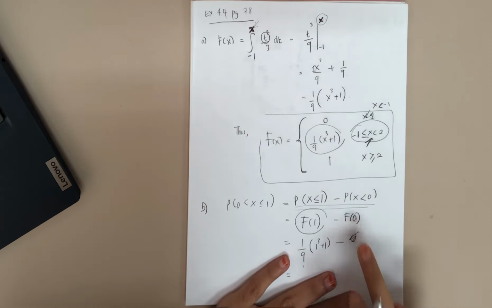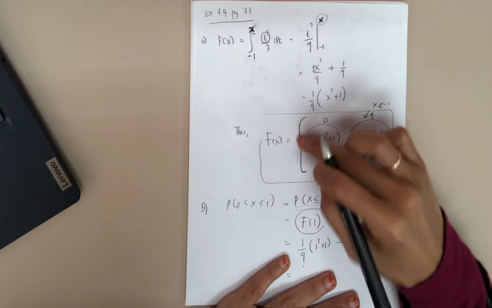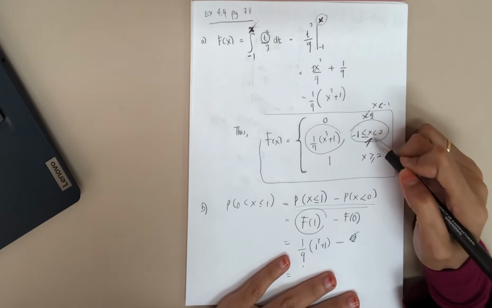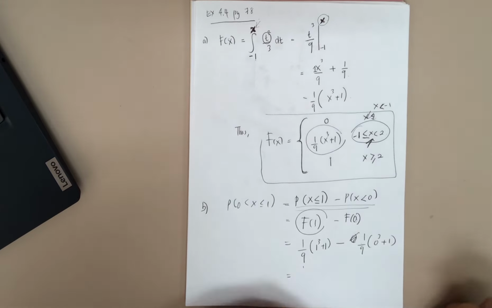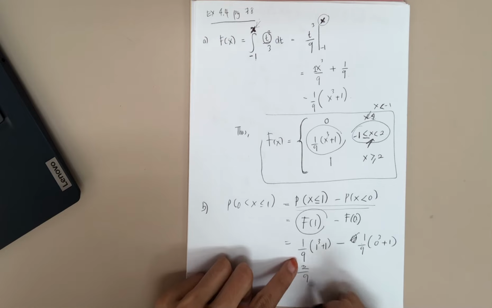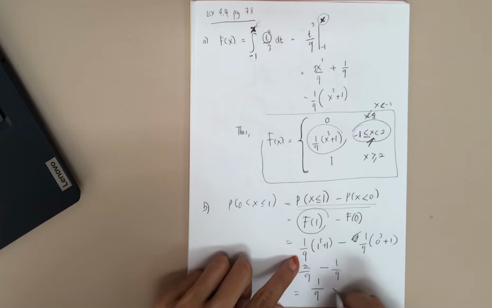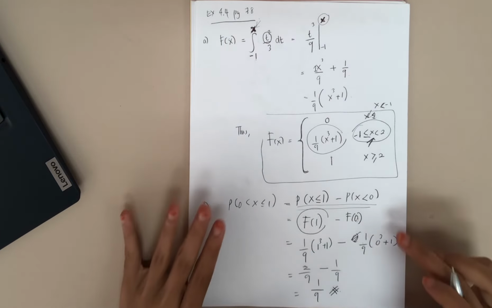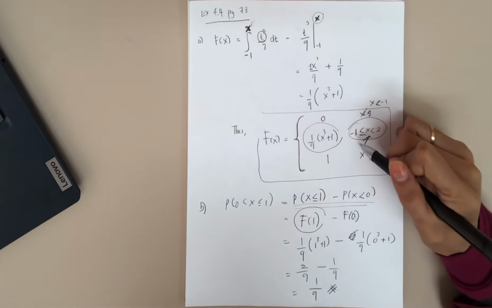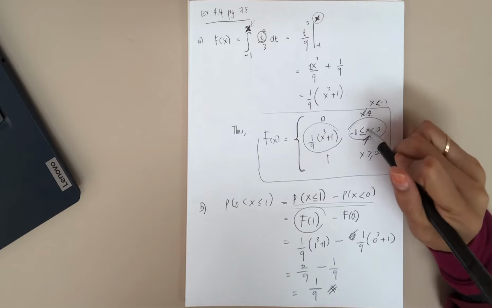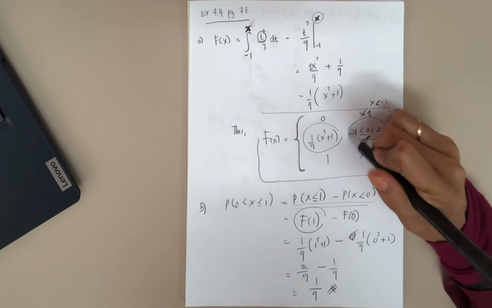So when you calculate 0, we use the same category, because 0 is inside here. That means we will use the same function. So 2/9 minus 1/9. Therefore, you will get the answer 1/9. Sorry class, I misread it. There is a negative in front, so 0 is in this range, not that one.